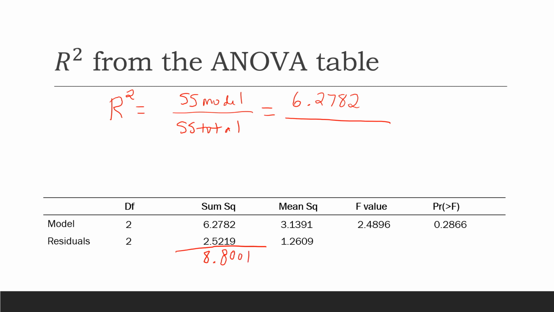I divide my sums of squares for the model by 8.8001, and that gives me 0.7134. So the ANOVA table itself generally does not give you the R squared, but I could use the ANOVA table to find it.